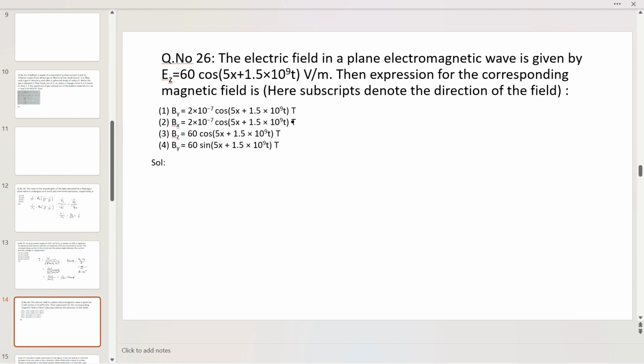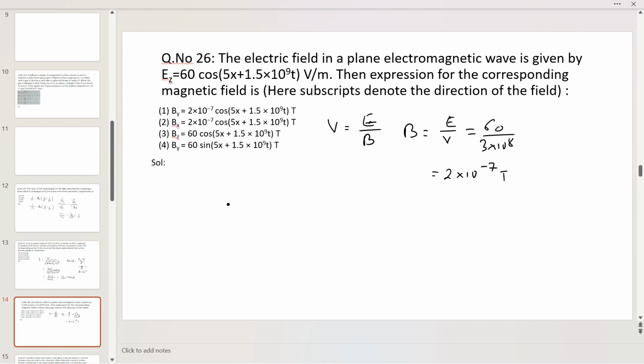Again we are going to use the formula V is equal to E by B. From here we are going to calculate the magnetic field. Your magnetic field will be E by V. So E is given to you as 60, divided by the velocity of light, that is 3 into 10 to the power of 8, because it is an electromagnetic wave, which comes out to be 2 into 10 to the power of minus 7 Tesla.